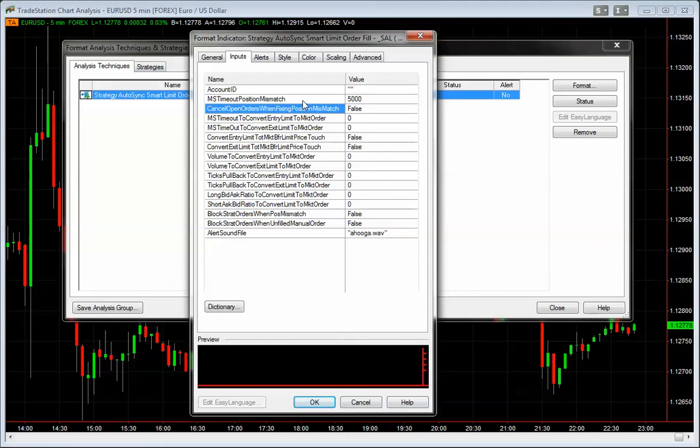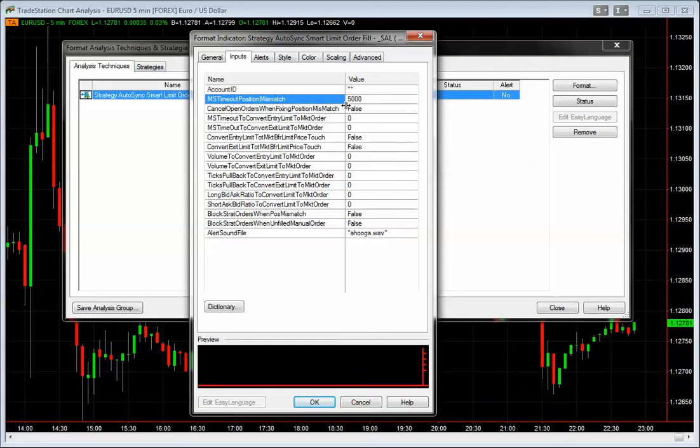When this occurs, the system detects it, and it will then correct it. The way it corrects it is it restarts the strategy, and the strategy will then adopt the correct real world position when it restarts. This right here is the time in milliseconds that it waits between when it detects the strategy has the wrong position and when it causes the strategy to resync by restarting with the right position.